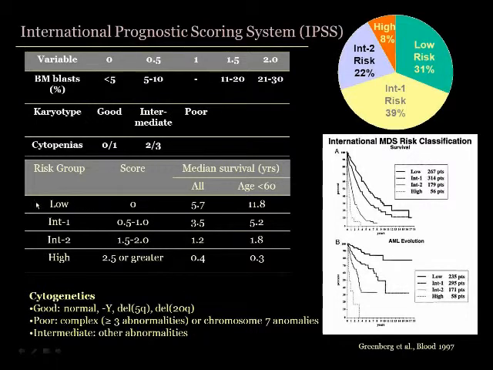So you end up with something like this, where based on your score, you might either be in the low, intermediate 1, intermediate 2, or high risk group, and we can tell in each individual group then what the median survival is. So median means, for example, in the low risk group at 5.7 years, 50% of the people will have died, whereas 50% of the people will live longer than that. And in an individual patient, there's no ability to tell where you lie in this graph.